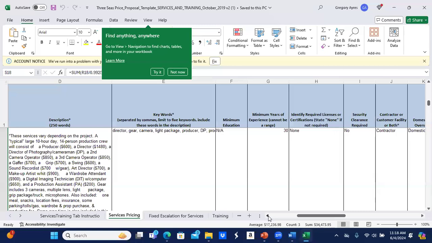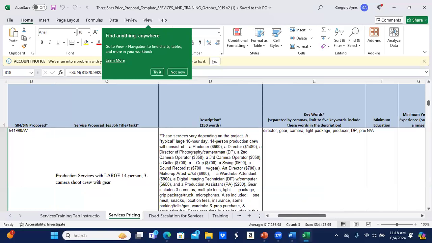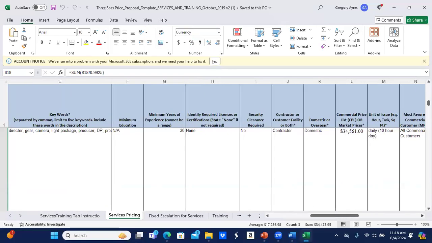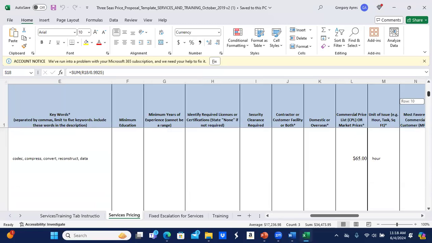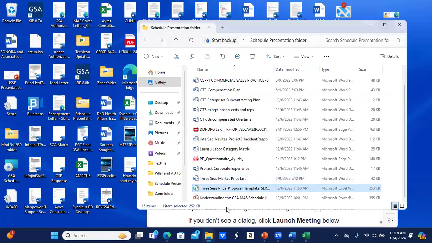And you have to fill out all of these descriptions and the various SINs and what all that means, and all the required pricing. And again, each one of these is a line, so you have a lot of lines to complete.